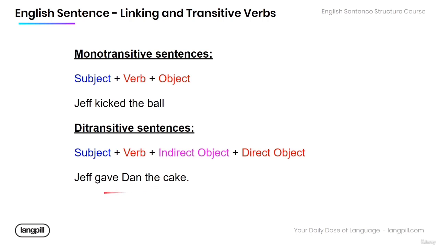So in this sentence, if we took out our indirect object, we would still have a monotransitive sentence, right? Jeff gave the cake. So that's how we know the cake is our direct object. The cake is receiving the action. And who is the action going to, right? Who did Jeff give the cake to? Well, he gave it to Dan.